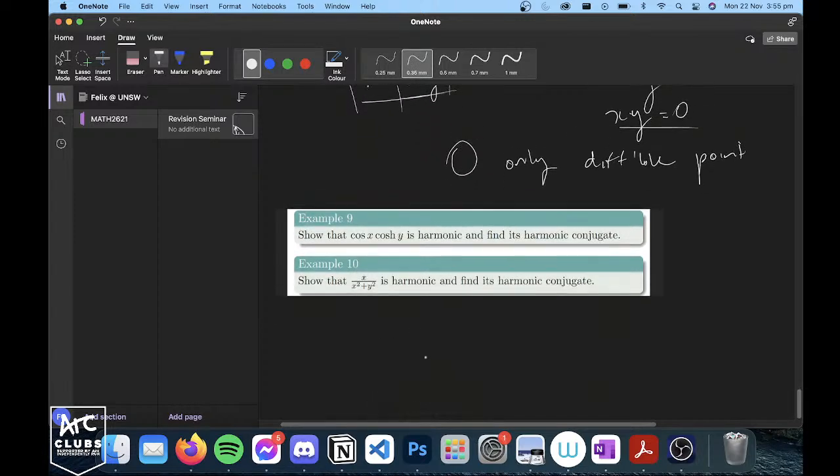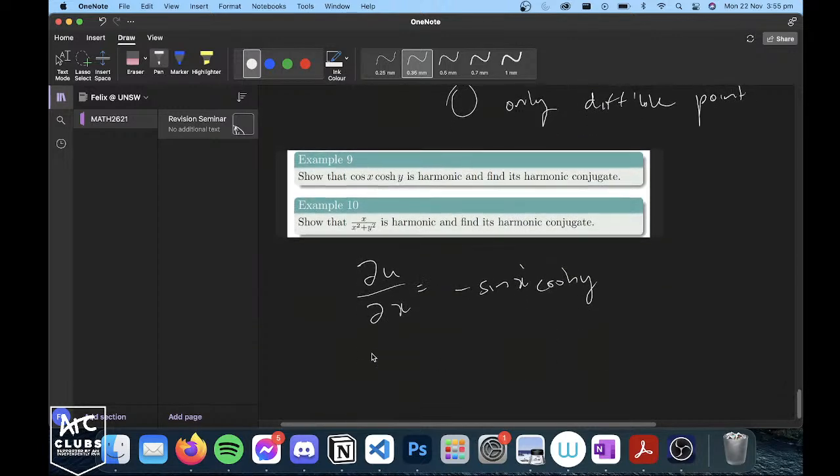So let's check Laplace's equation. The partial derivative of u with respect to x is minus sine x cos y. If we differentiate that again with respect to x, we get minus cos x cos y.